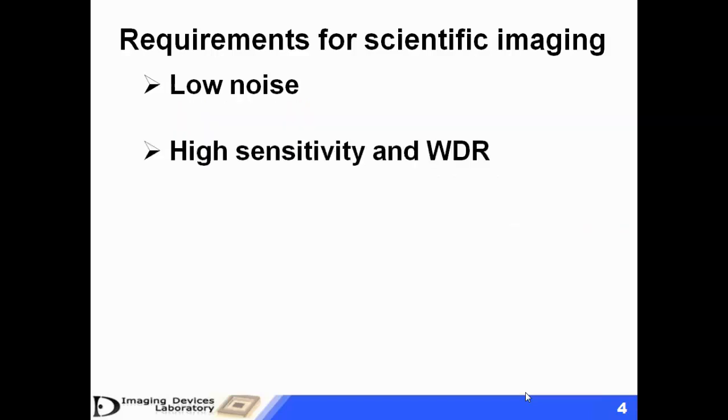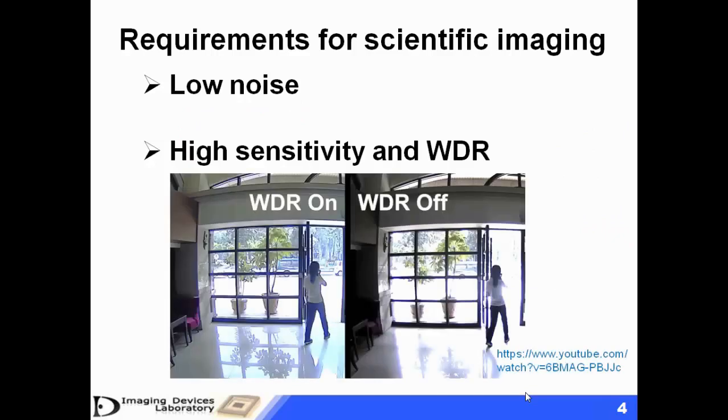The next is high sensitivity and the WDR, wide dynamic range, of sensors. Actually, this captured image is not good for introducing these parameters, but I just introduced the concept of the WDR. So scientific applications require high sensitivity and WDR of the sensor itself.